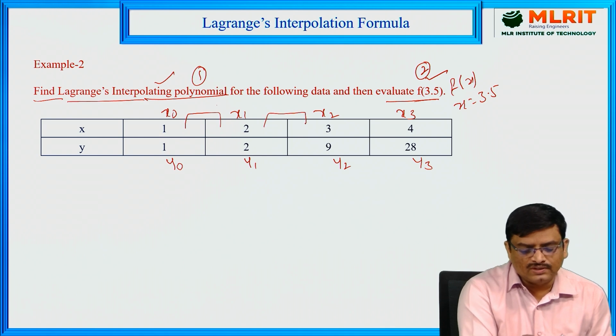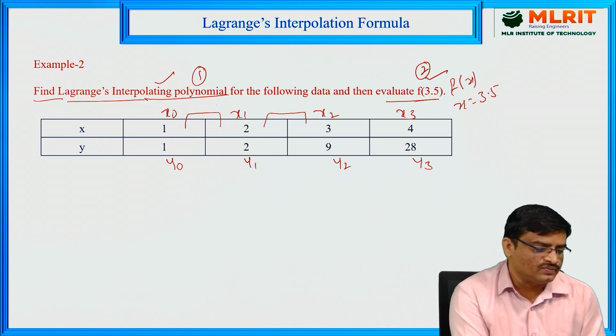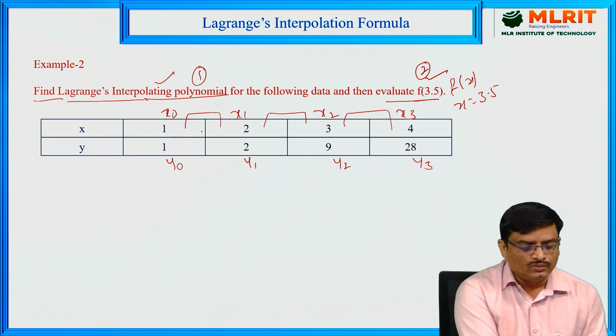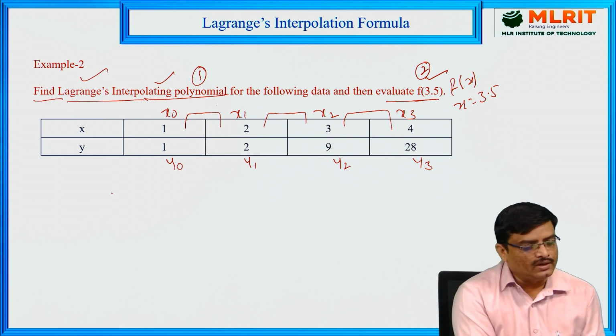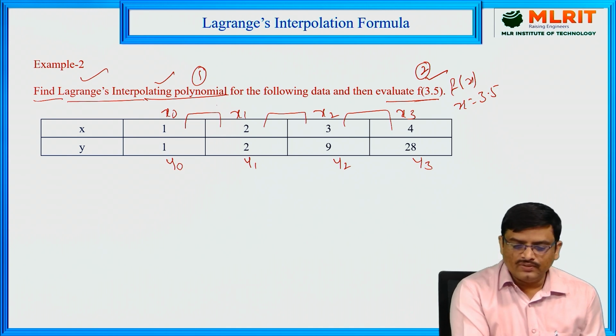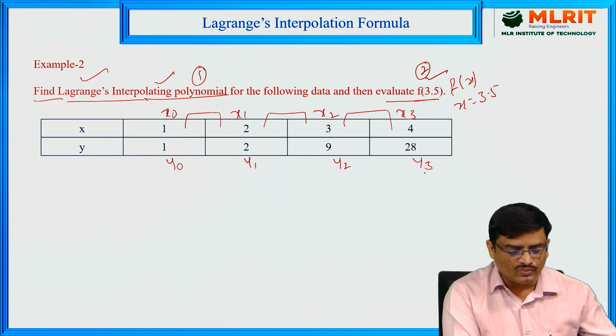Even if you have a common difference between the values of x, we can also find this Lagrange's interpolation. In the problem itself, we mentioned the name of the interpolating polynomial, so we can use the Lagrange's interpolation polynomial. Here we have x0 up to x3 and the corresponding values y0 up to y3.